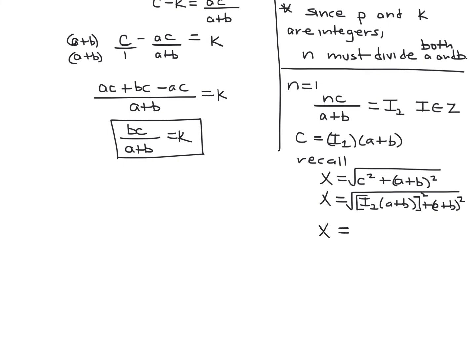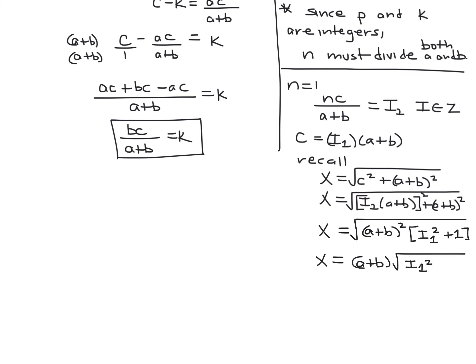And this would therefore be, let's see here what we get. We would get a plus b squared, times I1 squared, plus 1. And then this will be all under the square root sign, and then I can kick it out. It would just be a plus b, and then the square root of I1 squared plus 1. Okay, so they're saying that this is an integer. The only time x will be an integer is if this is an integer, and that happens when I1 is equal to 0.